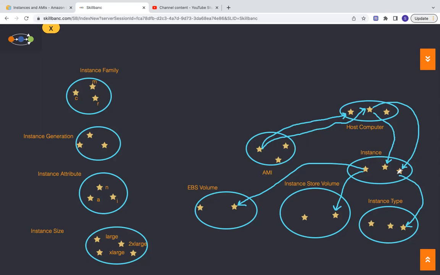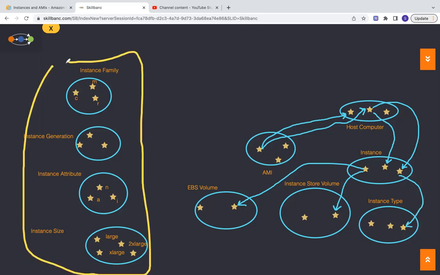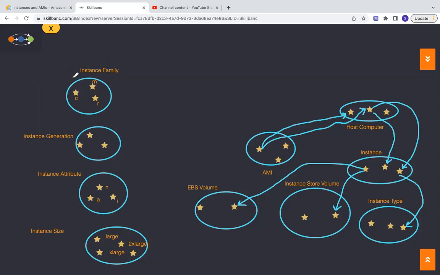Every instance has a type. What is the type? The type is nothing but four parts. Instance family: C for compute, M for memory optimized, compute optimized, etc. Instance generation, like 5th generation, 4th generation.